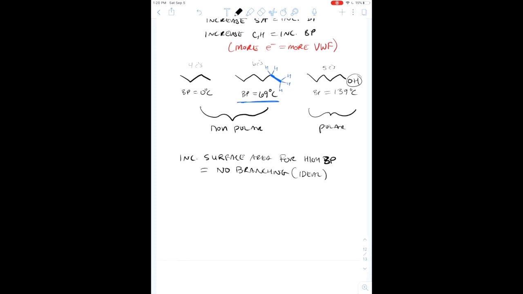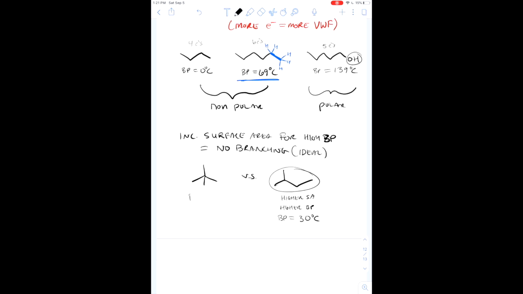And obviously that's not necessarily always going to be the case, but the thing that has the least amount of branching is going to have the higher boiling point. Okay, so for example, if we have this guy versus this guy, since this one has a larger surface area, higher surface area, it's going to have the higher boiling point. And that boiling point is going to equal 30 degrees Celsius. Okay, whereas this guy right here, he's very symmetrical, right?